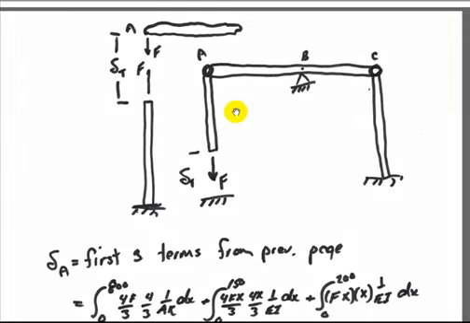Okay, so this is what I just said. We're going to calculate the deflection at point A because of this load F that we just solved for.